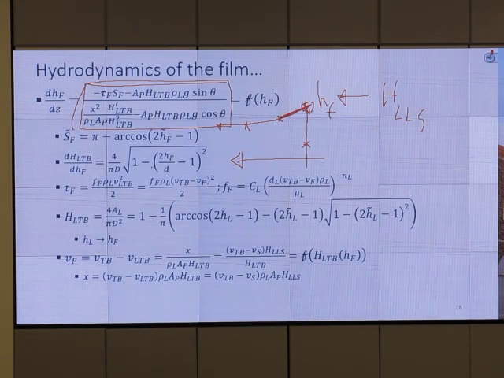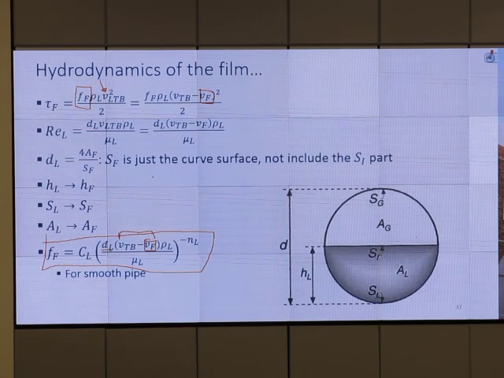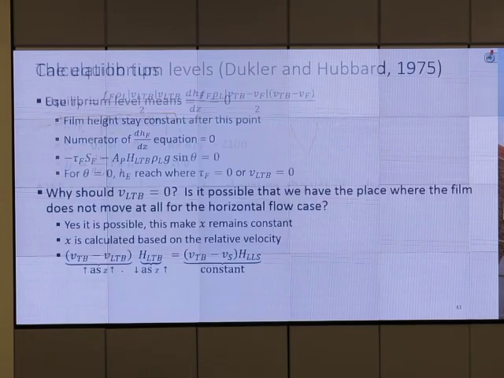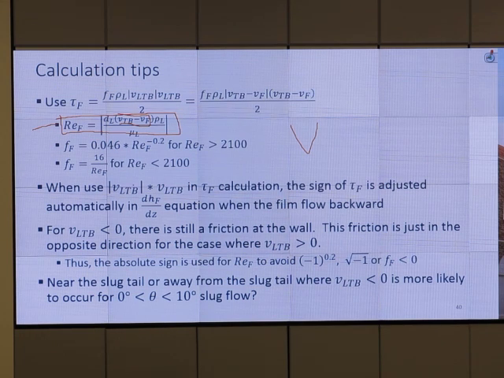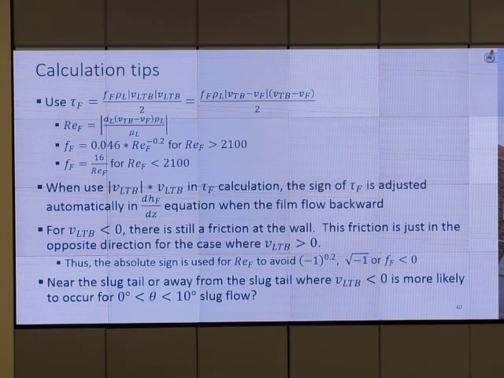So you're saying VF can be greater than VT? Is that what you're saying? Okay, look at this. VF. Yeah, why not? No, it's not.